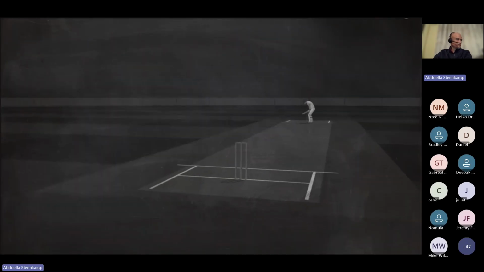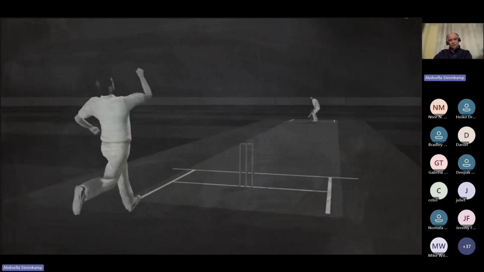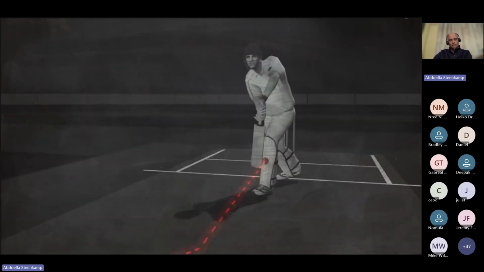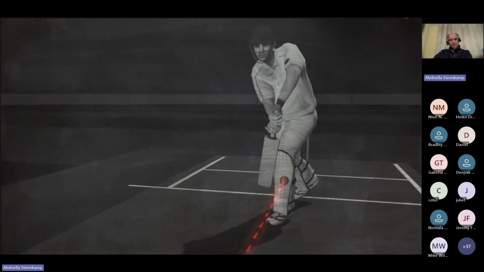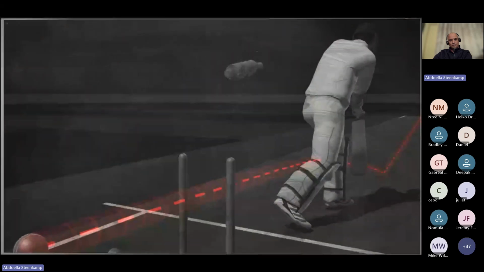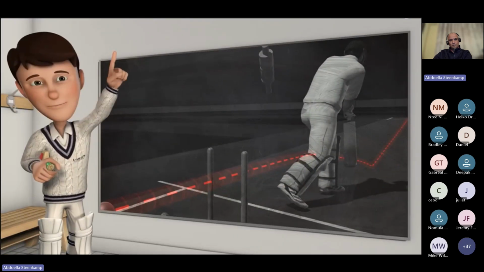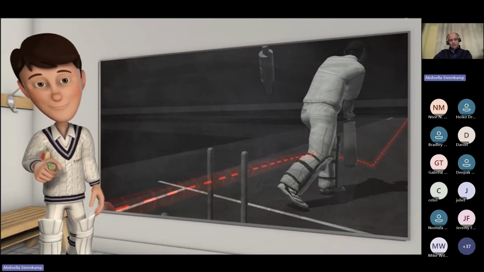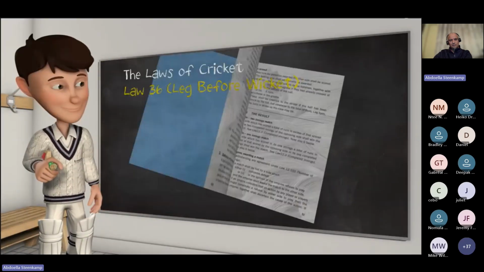This is the crucial part. But for the interception by the batsman, the ball would have gone on to hit the stumps and dislodge the bails. Any questions? Just refer to Law 36 in the Blue Book.